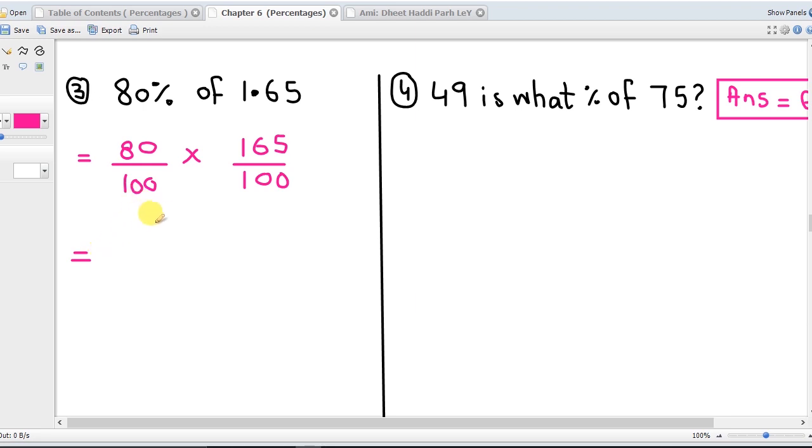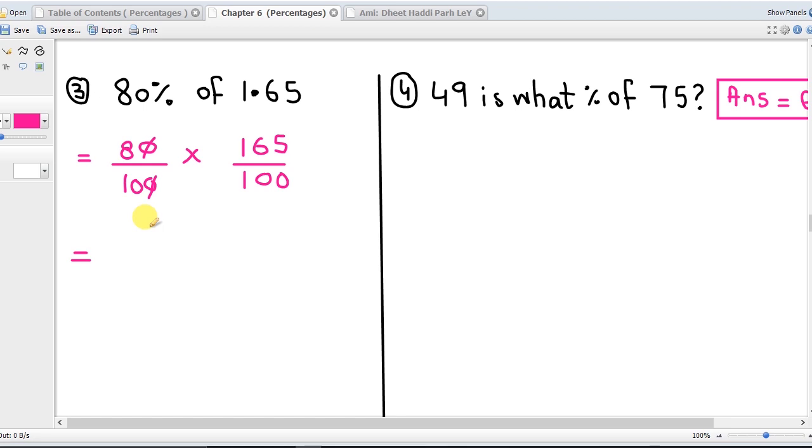Now simply we are going to multiply these numbers, or check if we can simplify any of these numbers. So this 0 is going to be simplified with this 0. Now simply multiply numerators with numerators and denominator values with denominators.